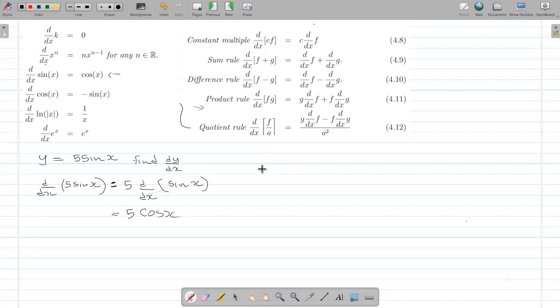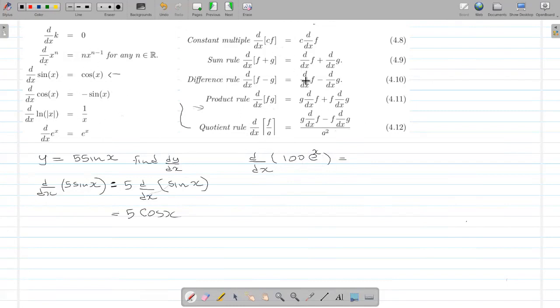Okay, if I look at another one, let's say 10 e^x or 100 e^x. If I'm trying to differentiate this, again, this function is not listed here, no?